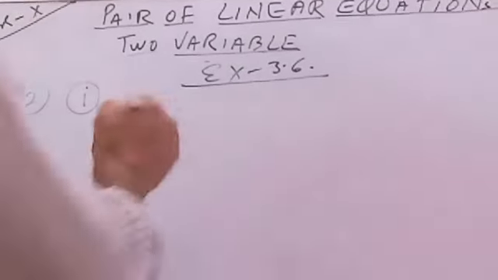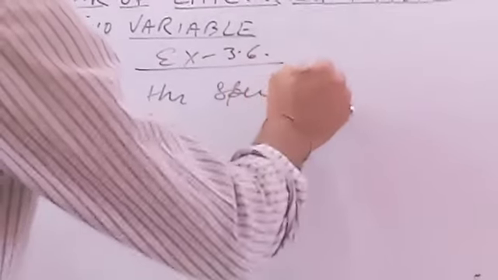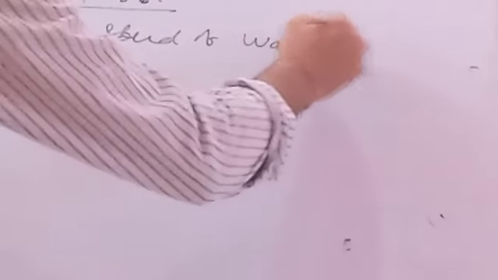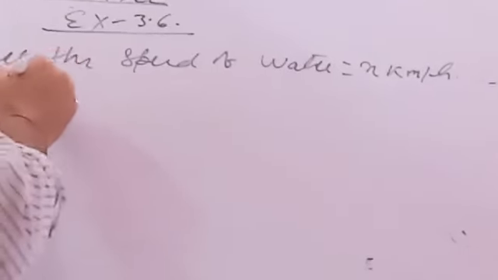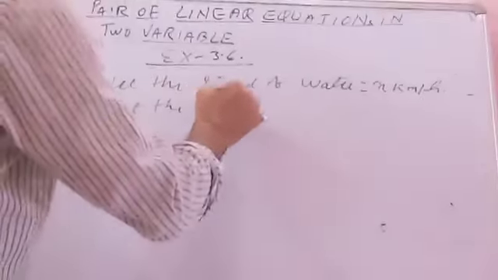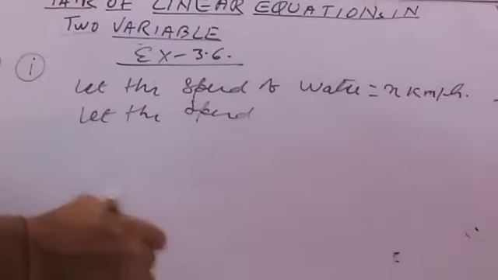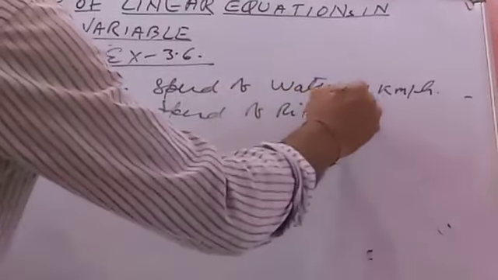Here let the speed of water be x kilometer per hour, and let the speed of the object, here Ritu is rowing, so let the speed of Ritu be y kilometer per hour.